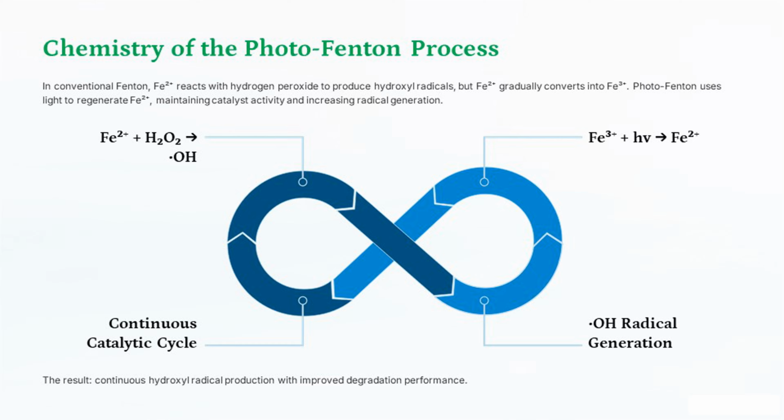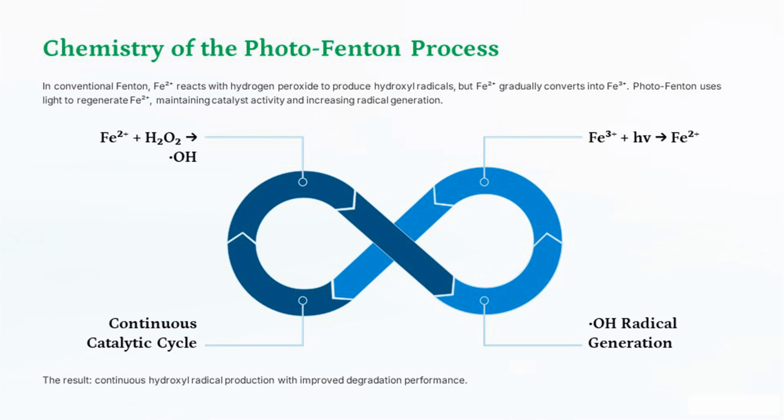When ultraviolet or visible light strikes ferric ion, it converts back into ferrous ion. This regeneration helps the catalytic cycle run continuously. As a result, more hydroxyl radicals are produced throughout the treatment process, leading to a faster and more complete degradation of contaminants. In simple words, sunlight acts like a catalyst booster that keeps the reaction alive.